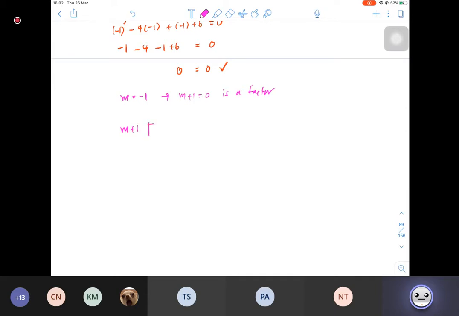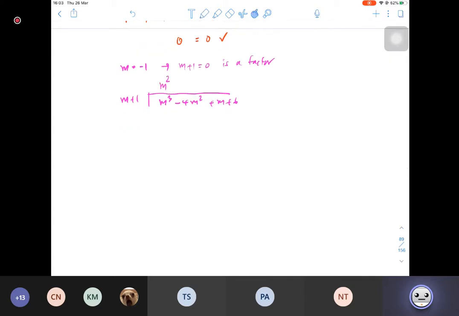So I take this m plus 1 and use synthetic division. I need to put some terms here such that when I multiply by m plus 1, I got m cubed. Obviously that should be m squared. When I multiply m squared with m, I got m cubed, and when I multiply m squared with plus 1, I got plus m squared.